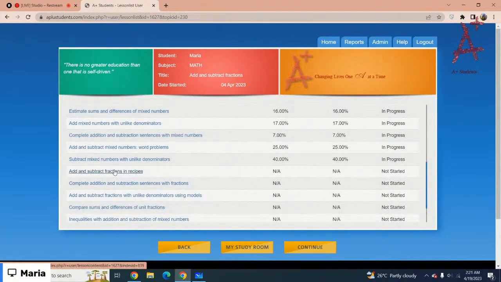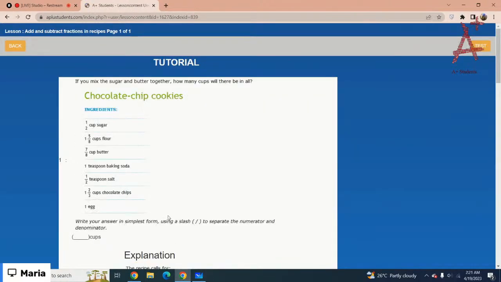Got it? Okay, so let's just start with the first example. If you mix the sugar and butter together, how many cups will there be in all? So you have to add sugar and butter. Just look at the ingredients. Sugar is 1 over 2 and butter is 7 over 8. So you have to add 1 over 2 and 7 over 8.